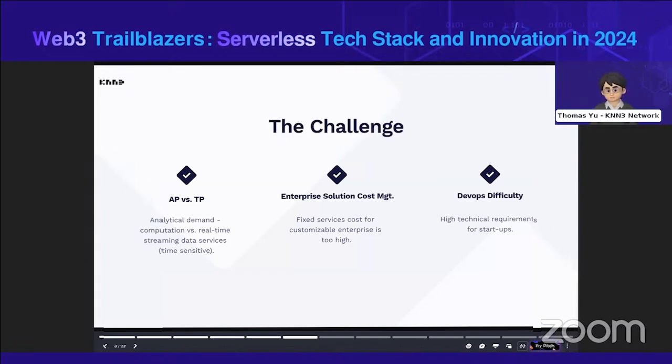Those data are small, but they want to acquire it as soon as they can get. So this is the so-called transactional processing. But sometimes those demands come with very significant traffic. So the problem for this kind of assignment is how to handle the workload, like a traffic load.